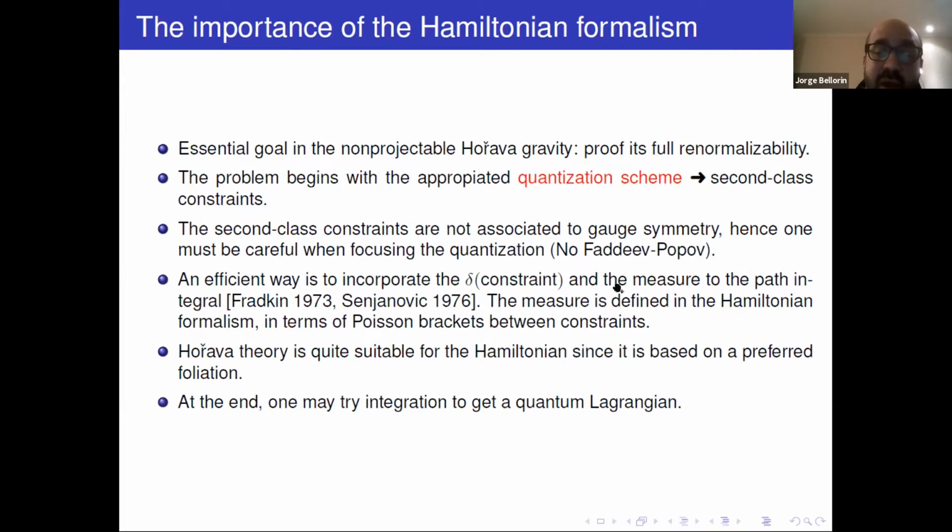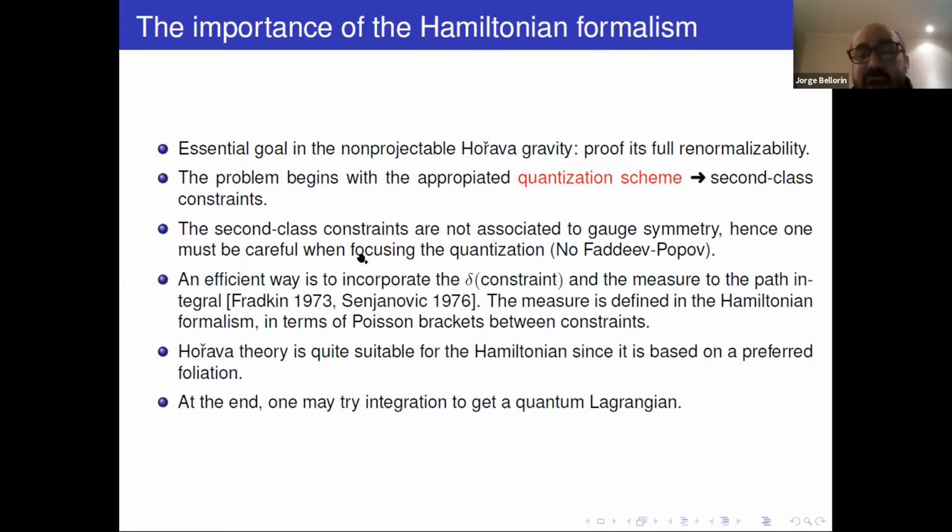I think one important approach is to consider the path integral and the measures associated to second-class constraints. It has been known for a long time that you have to modify the measure in the presence of second-class constraints, and this has to be done in Hamiltonian formalisms.